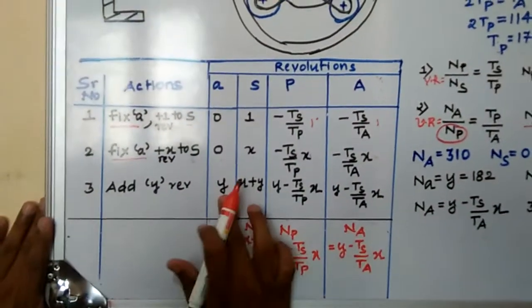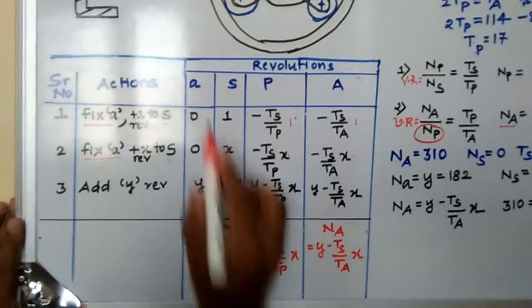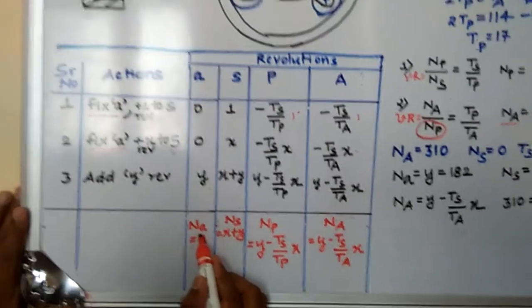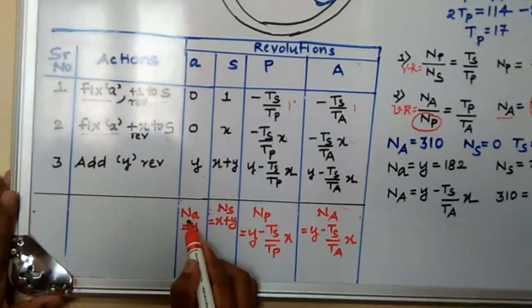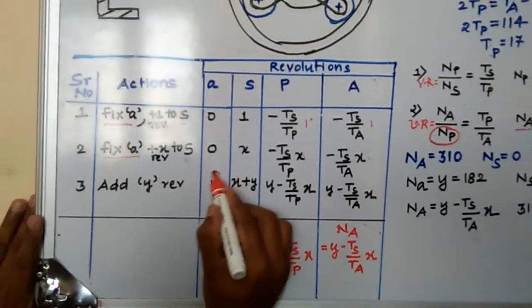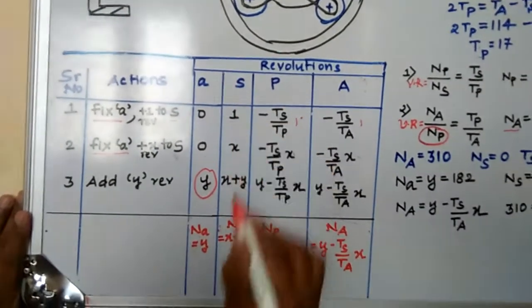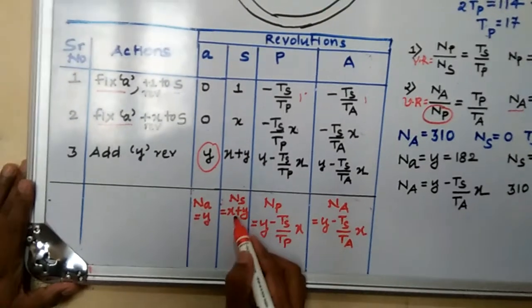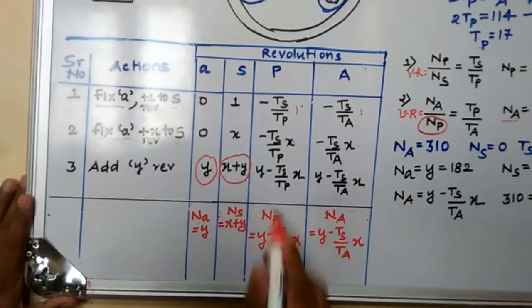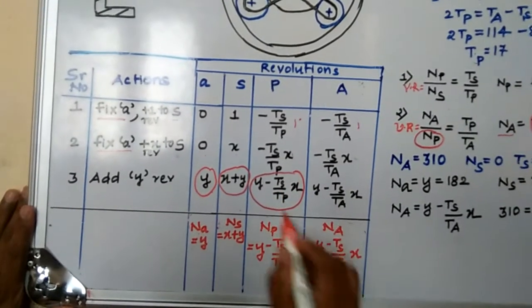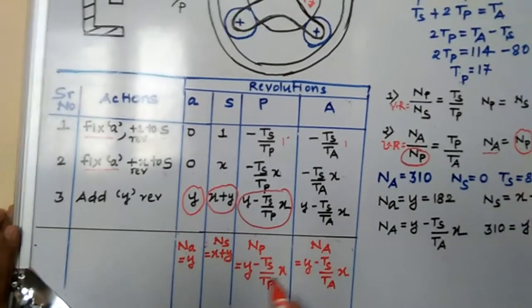Then I have written one more step: A is nothing but the speed of Y, that is the arm. I have taken NA equal to the speed of the arm. NS is nothing but the speed I have written here, X plus Y. NP is in terms of number of teeth and revolution.